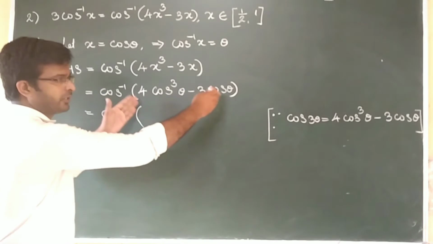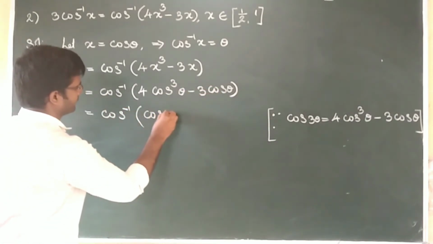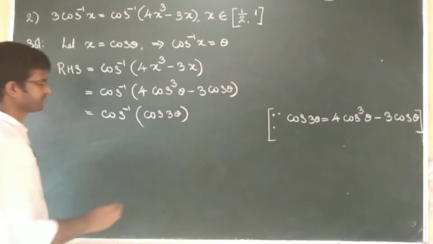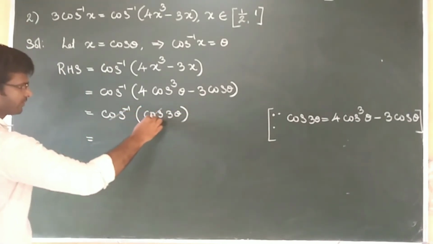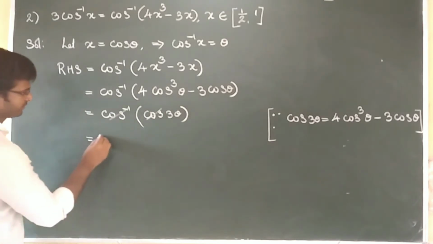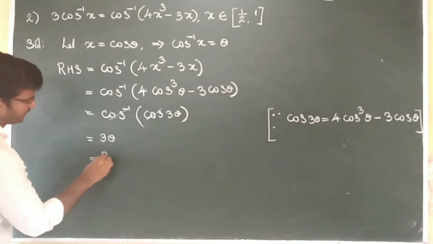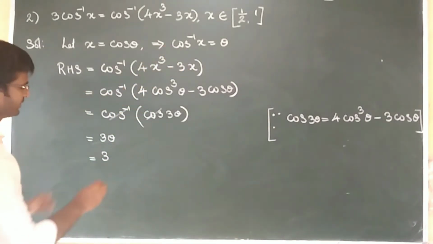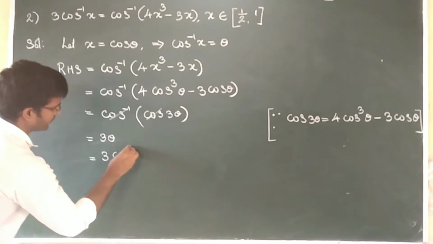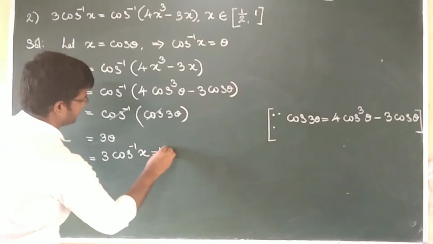Inside the bracket we write cos 3 theta. Then this cos inverse and cos cancel, and 3 theta remains. What is the value of theta? Theta is cos inverse x. This is our LHS.